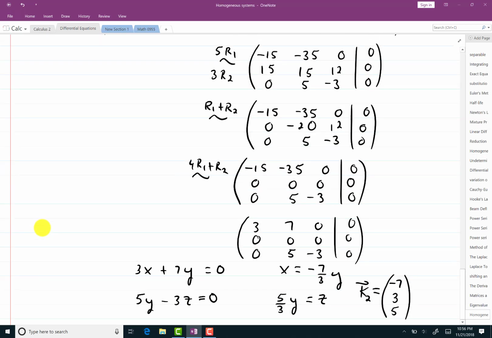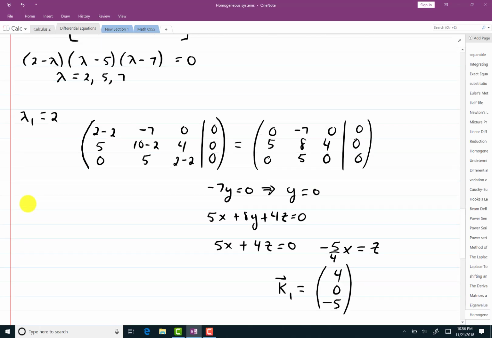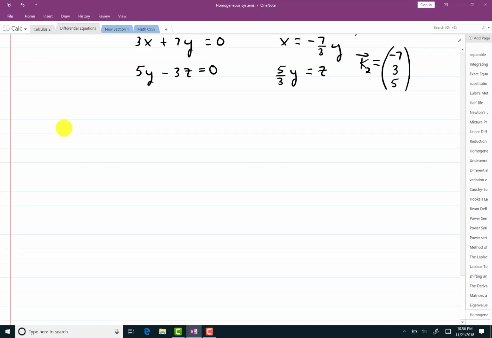And then what was our last eigenvalue? Was, I believe, 7. Yes, our last eigenvalue was 7. So lambda equals 7. We have 2 minus 7, -7, 0, 5, 10 minus 7, 4, 0, 5, 2 minus 7.